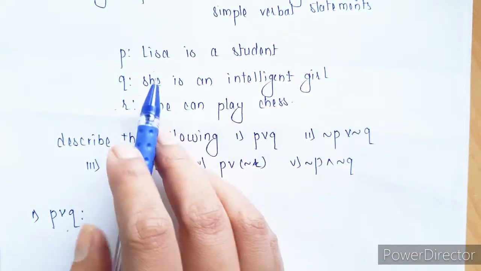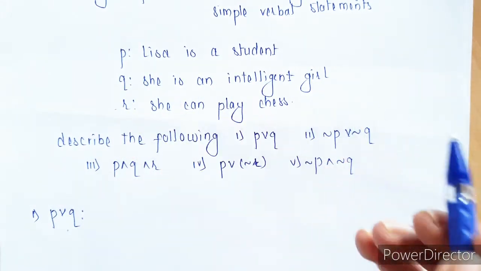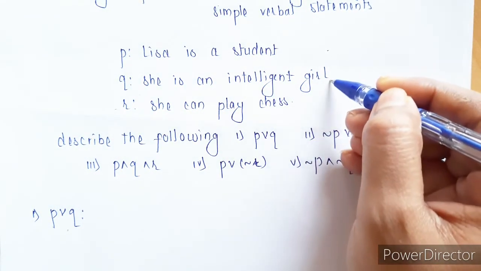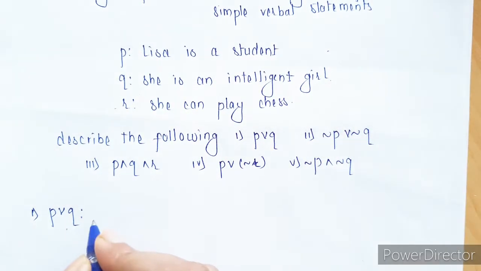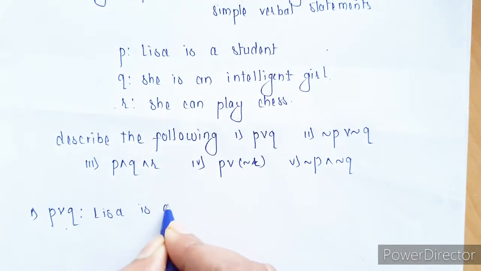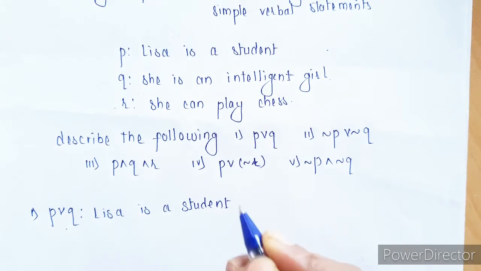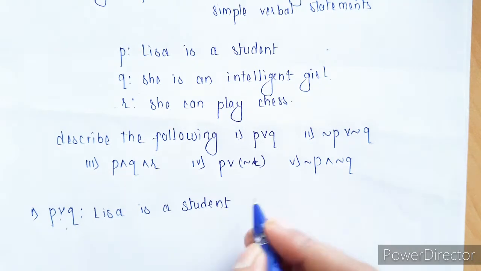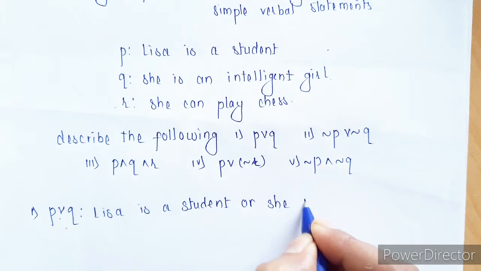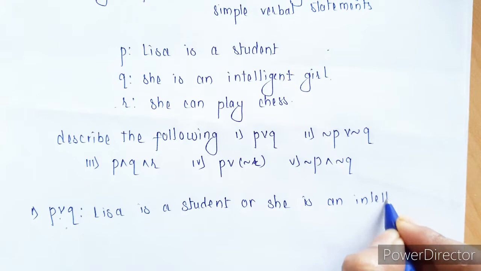So it can be written as: Lisa is a student or she is an intelligent girl, because we are joining statement P as well as statement Q using the word or.